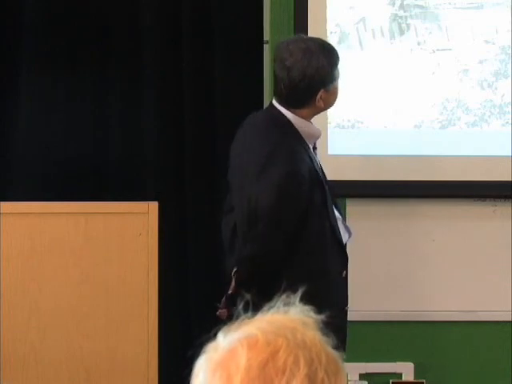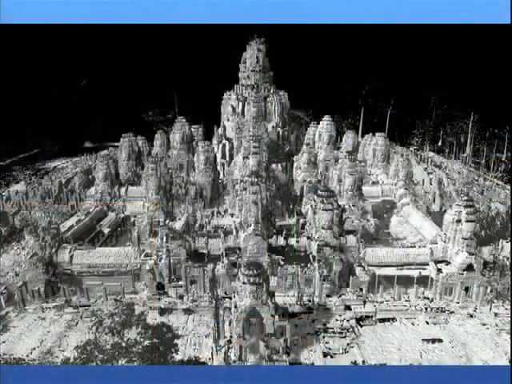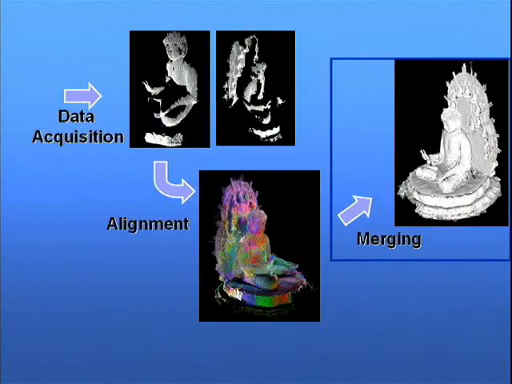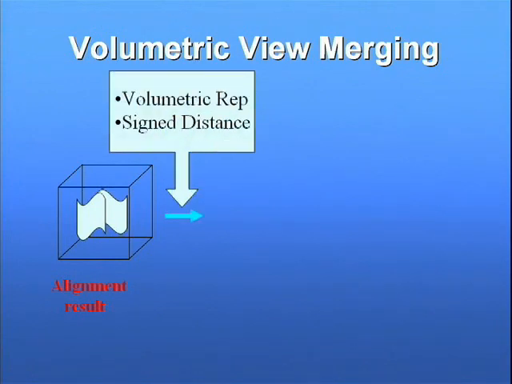However, this data is just point cloud data, and that's not mesh data yet. So for that, we need a merging algorithm. But it's a roughly similar story, so I will skip this component. Basically, merging is to connect the two range data, and one way is to directly connect. But since this is not good, usually what we do is volumetric merging.